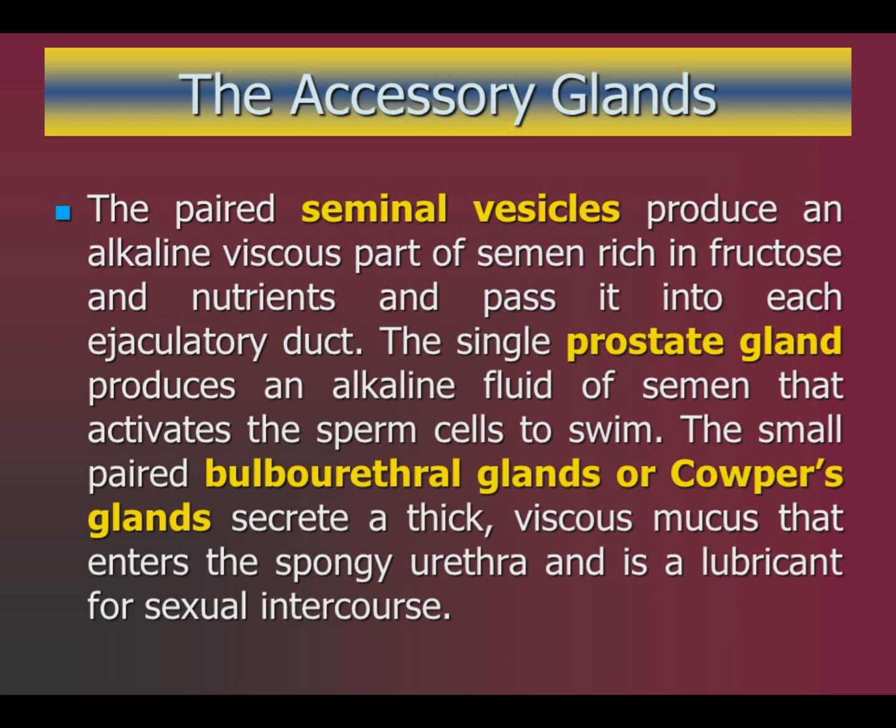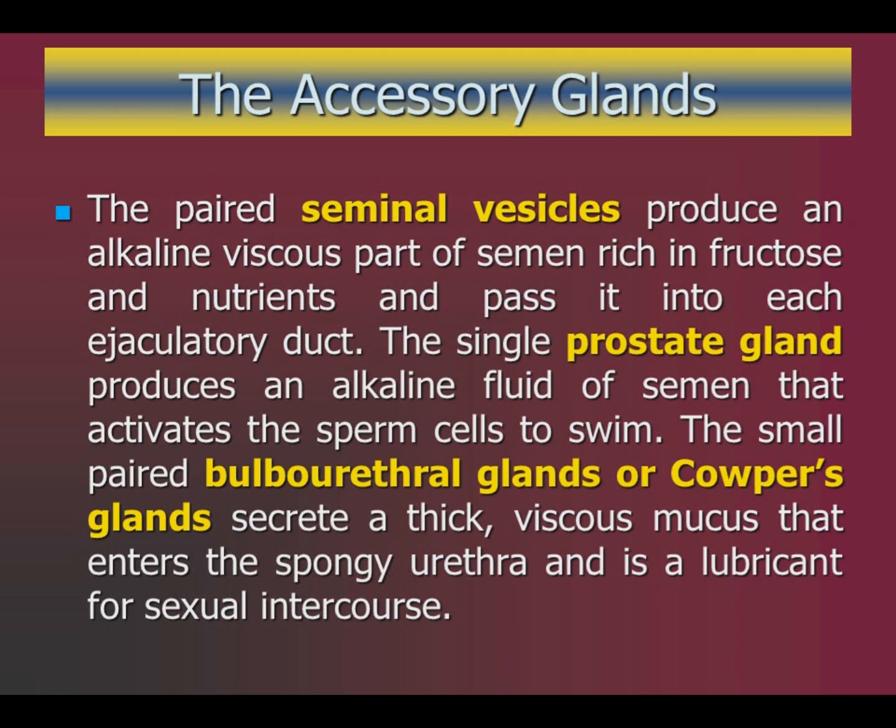The paired seminal vesicles are convoluted pouch-like structures approximately 2 inches in length. They are located posterior to and at the base of the urinary bladder in front of the rectum. They produce the alkaline, viscous component of semen that is rich in the sugar fructose and other nutrients for the sperm cells and pass it into the ejaculatory duct.